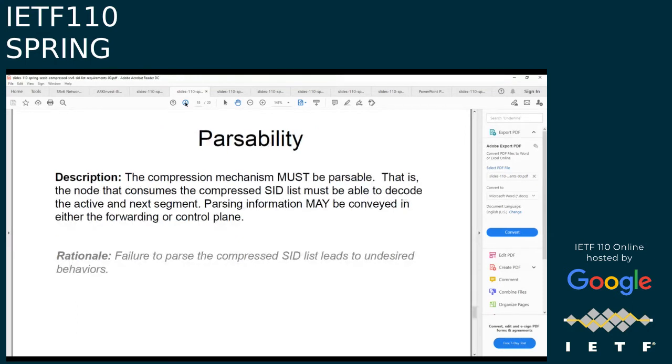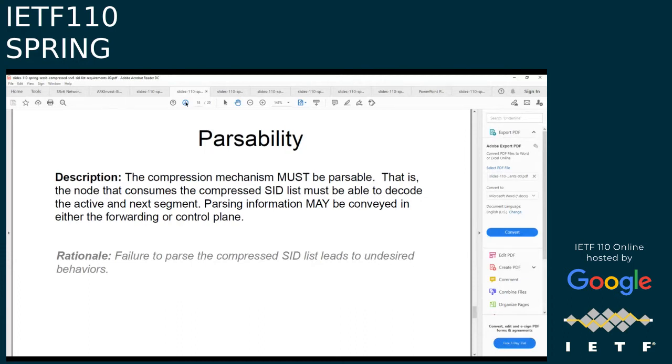The next page is about the passability. This requirement hopes the compression mechanism must be such that consumers of the compressed SID list must be able to decode the active and the next segment.